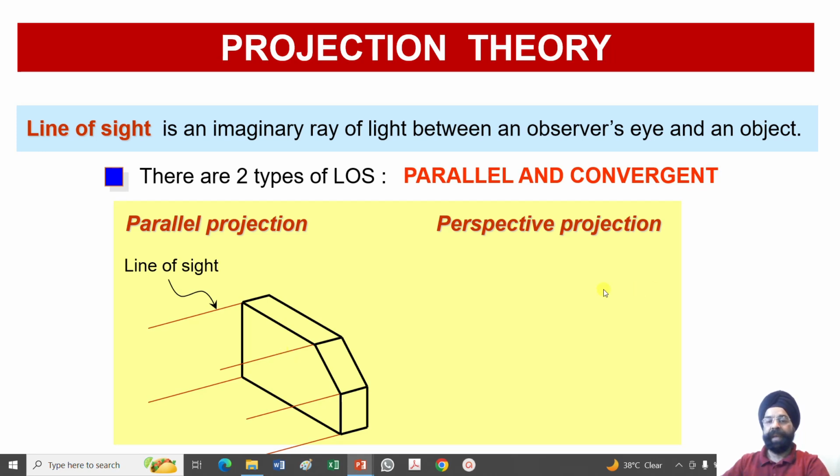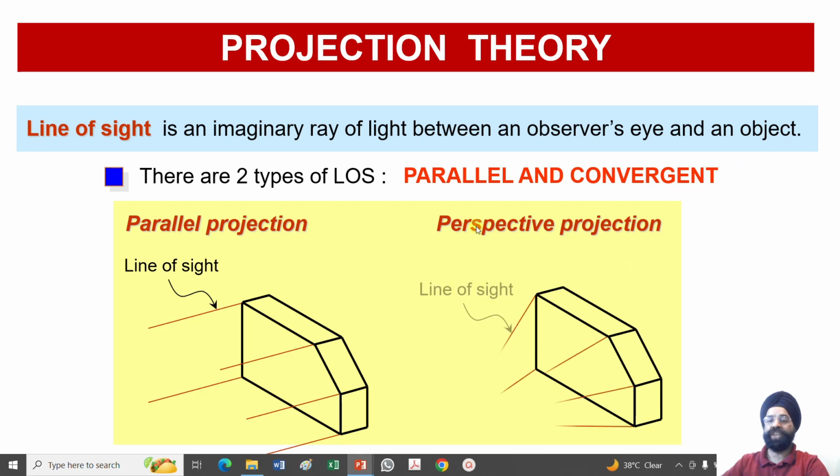But another method is what we see as human beings, that is perspective projection or the convergent projection. Our rays of sight are focused through the retina, through our eyes. All the rays of sight are going to converge into our eyesight or our retina.